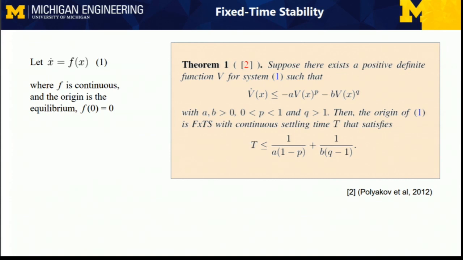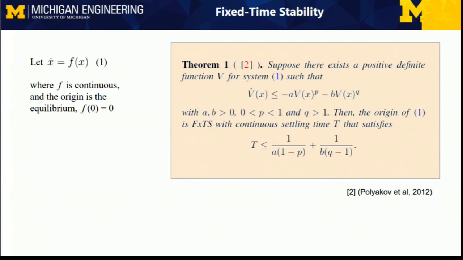Okay, so as I said, people have kept looking into these properties, and Polyakov and his co-authors more recently developed the notion of fixed time stability and gave a Lyapunov-based characterization. So for the same type of system here, you're going to have a fixed time stable equilibrium if you can find a positive definite function v for which the time derivative satisfies this condition. You get to see that you have one term that behaves as the finite time stability term from before, and another term that behaves according to the usual asymptotic stability.